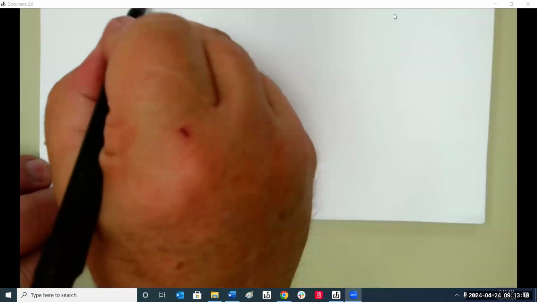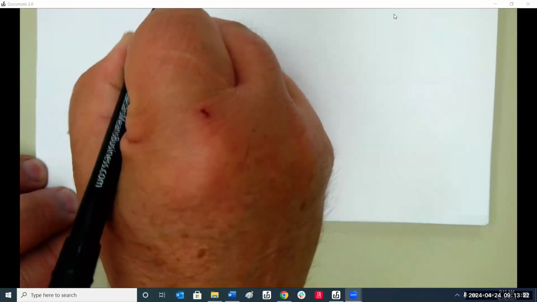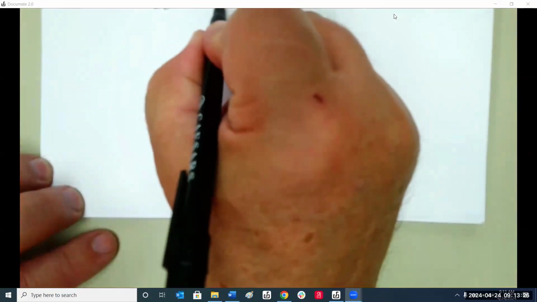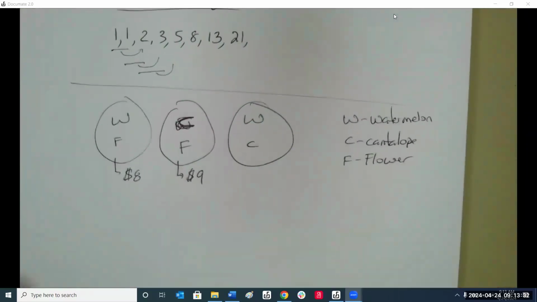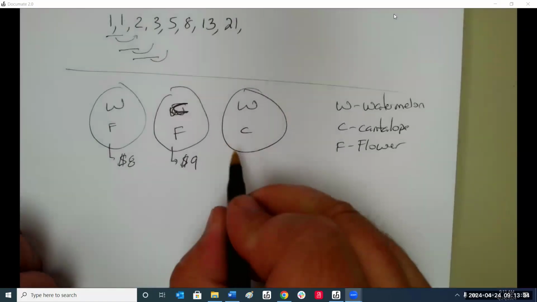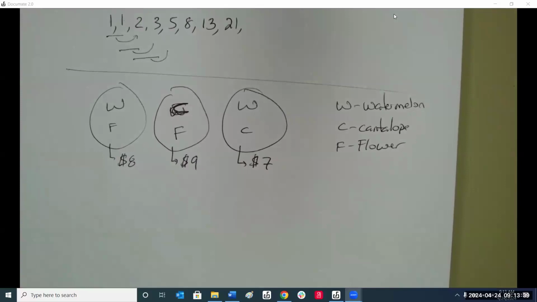You go to the store, you purchase these two, it costs $8. You purchase these two, it costs $9. And you purchase these two, it costs $7. How much does each cost?